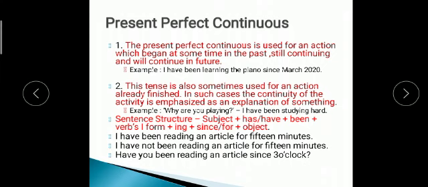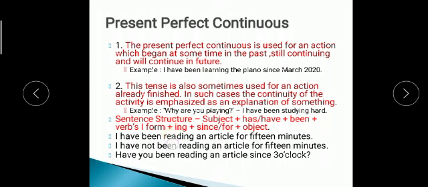For example, if it is asked, why are you playing? I have been studying hard. This is an explanation, though it is a past activity. It is already finished. It's not at the time of speaking. Then also, because it is an explanation to this question, why are you playing?